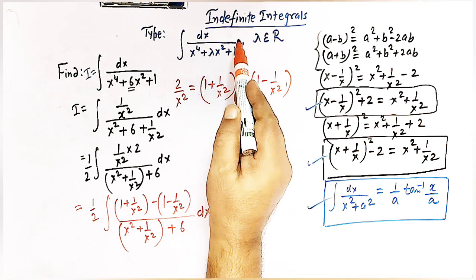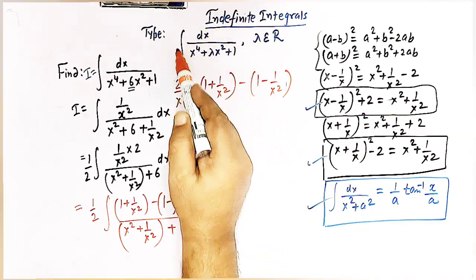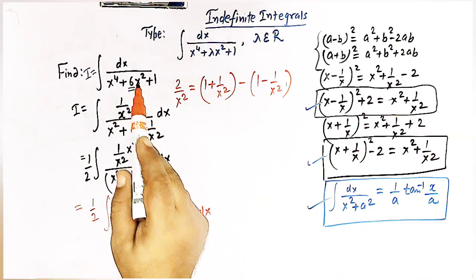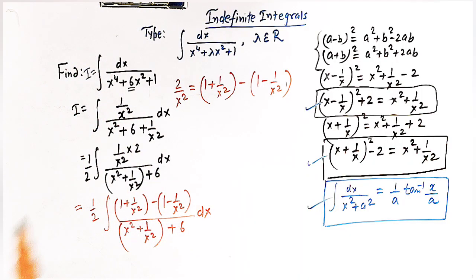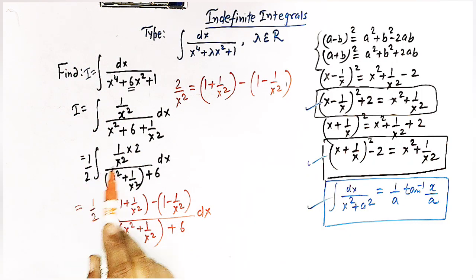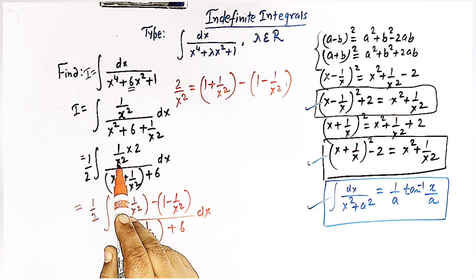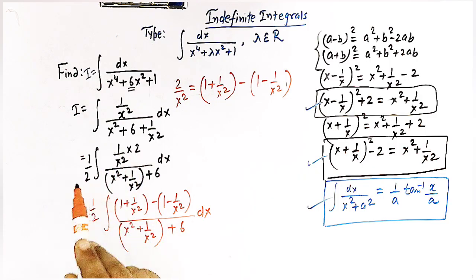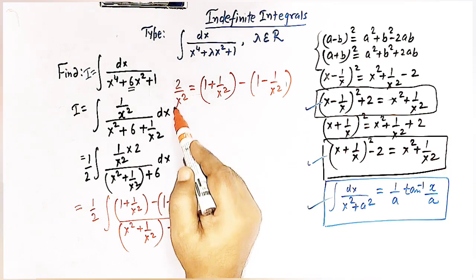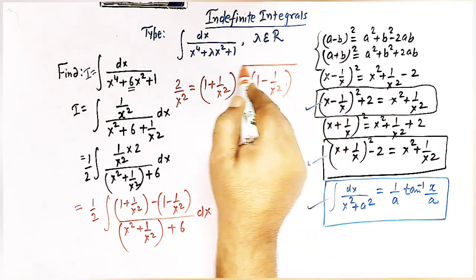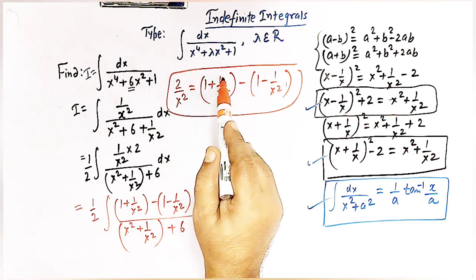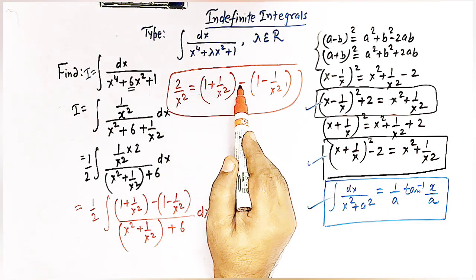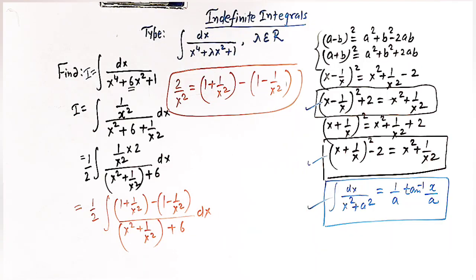Whenever we have to integrate functions of this type, the first step is to divide the numerator and denominator by x square, and then multiply 1 over x square by 2 and divide by 2, and then we express 2 over x square like this, that is 2 over x square is equal to 1 plus 1 over x square minus 1 minus 1 over x square.